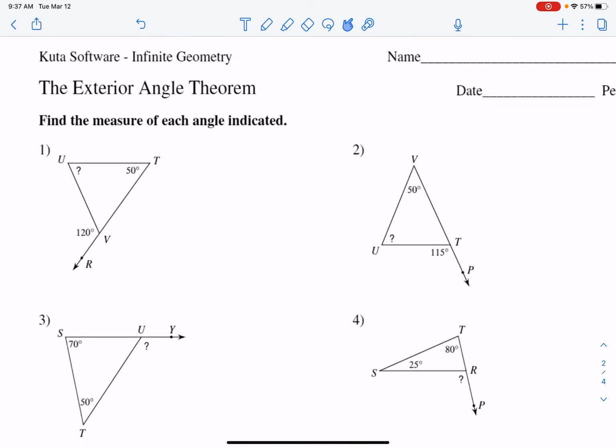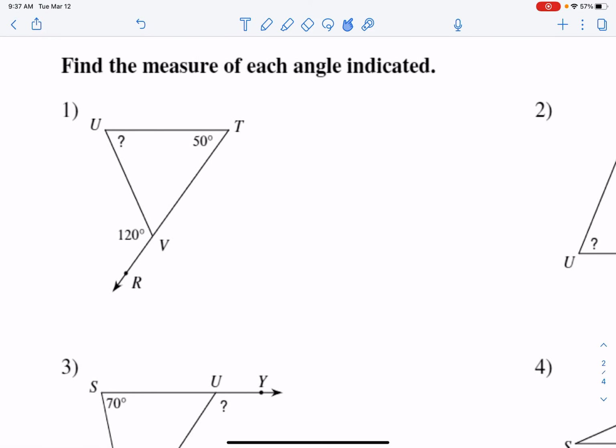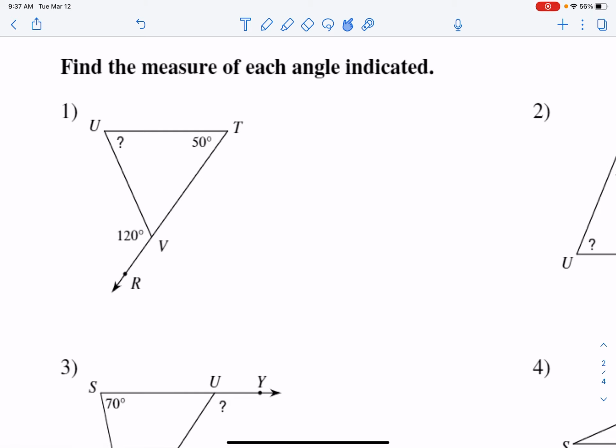Number 1, find the measure of each angle indicated. So our exterior angle rule tells us that if I add together these two angles, I'm going to equal 120. So let's write it out in this equation. That means we've got our question mark plus 50 equals 120.